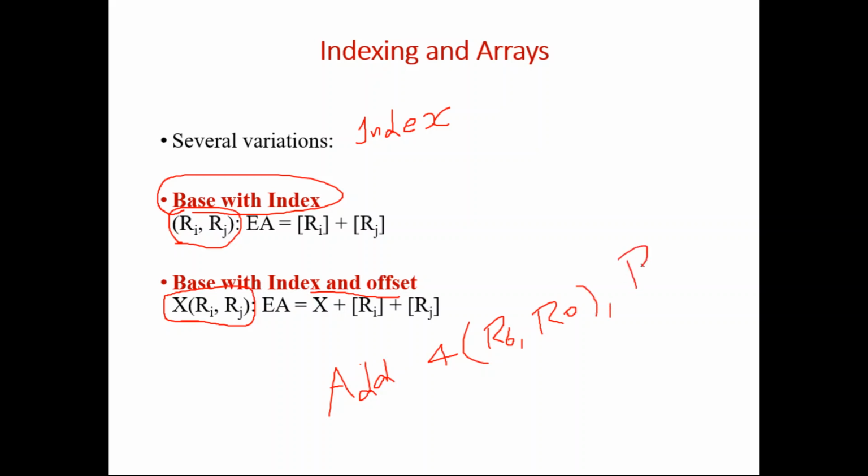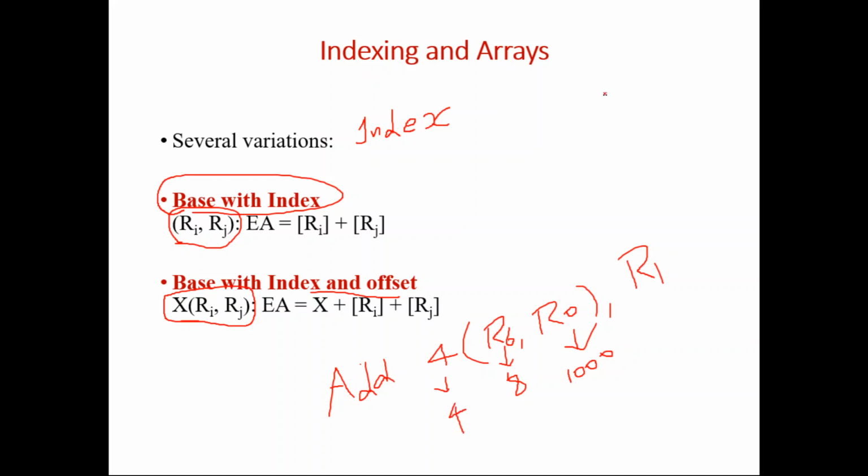As usual, let us assume R1 as 1000. The recent value of R6 is 8. So R1 is 1000, 1000 plus 8 is 1008. To that it will add this 4. 1008 plus 4 is 1012.